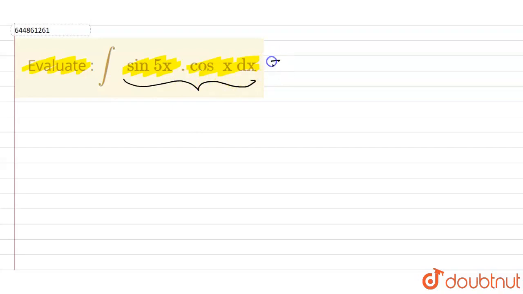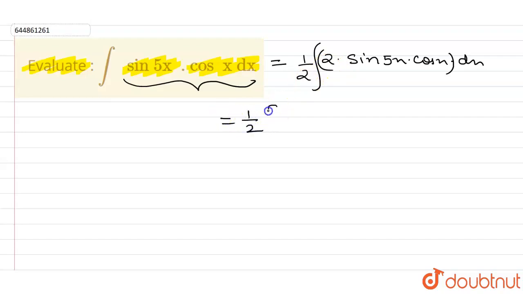So I have to convert it into standard form. For converting it into standard form, I first multiply by 2 in this function and divide by 2. So I write here 1 by 2 and multiply it by 2, so 2 into sine 5x into cos x into dx. I can write it in brackets as 1 by 2 into 2 sine a cos b.